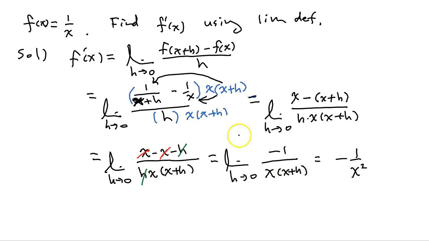Okay, so what did we find? We found that the tangent line has the slope of negative 1 over x squared at a given point x. Now, let's think about an application.